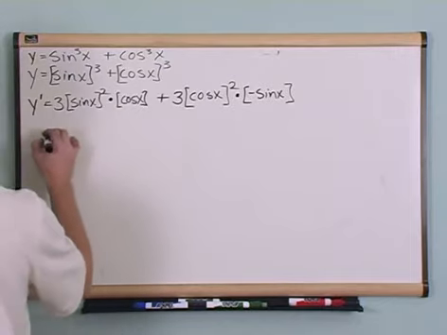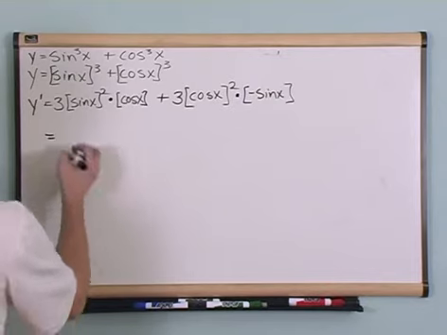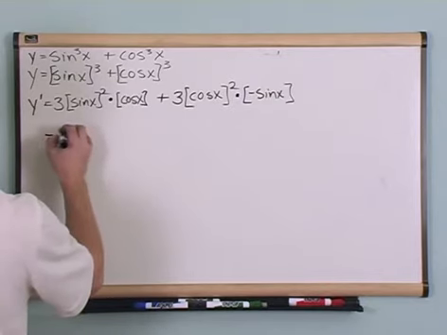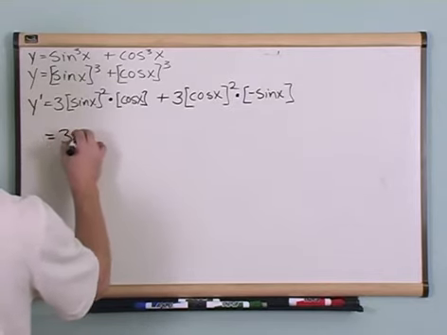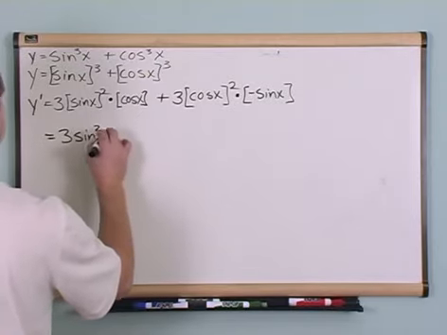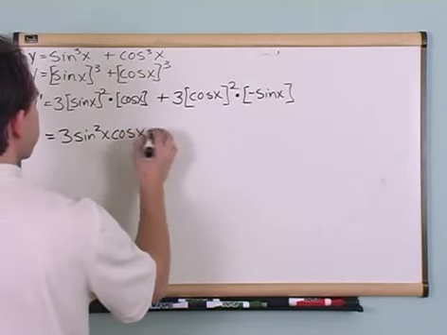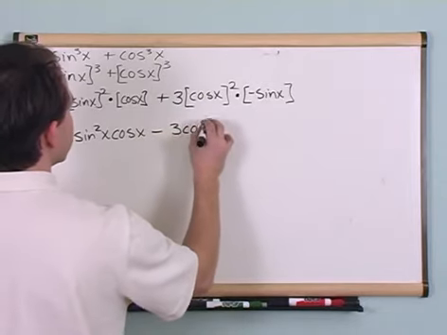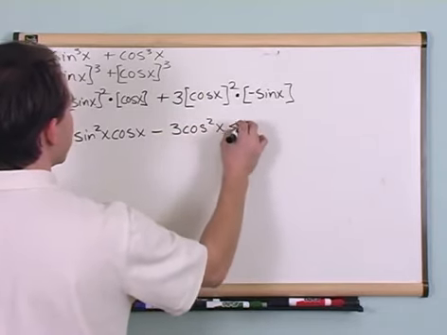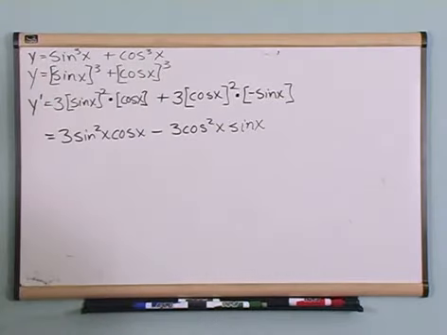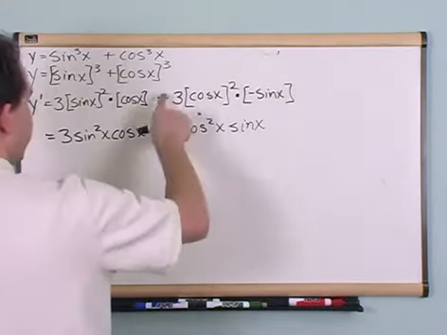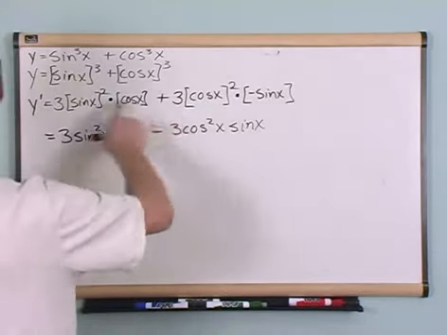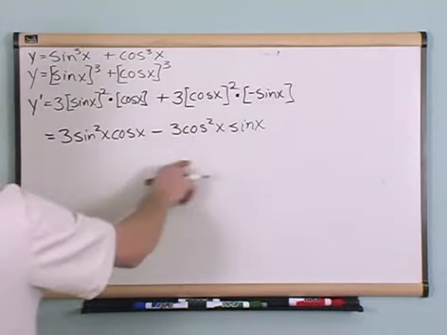So in order to simplify this, you're basically going to have 3 times sine squared of x cosine of x minus 3 cosine squared of x times sine of x. And really, all I've done there is pull that negative sign out and just kind of write everything over again, kind of like this.